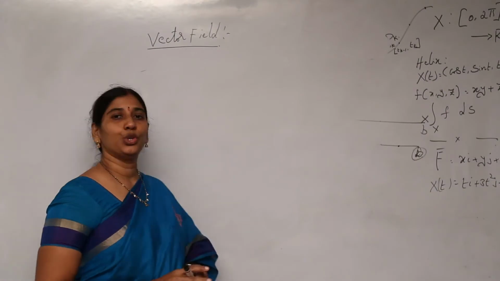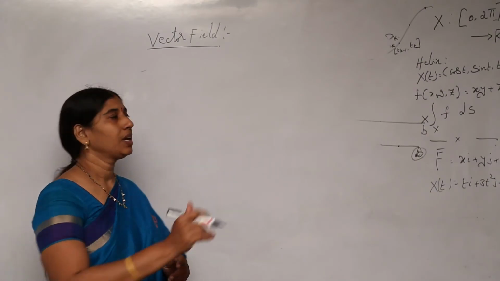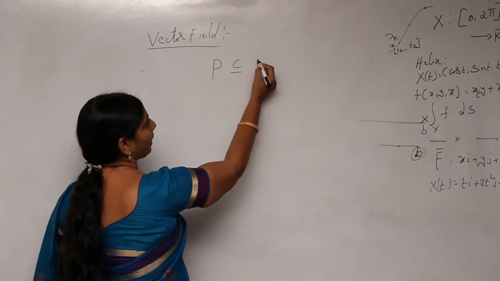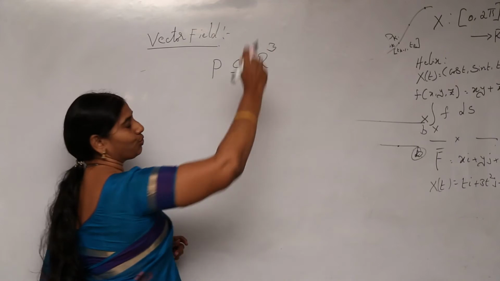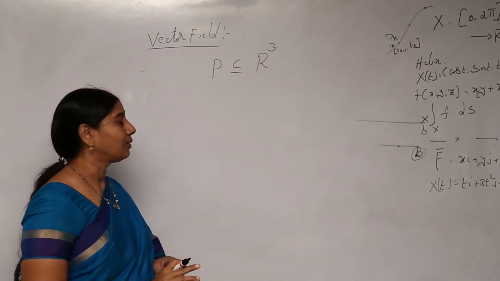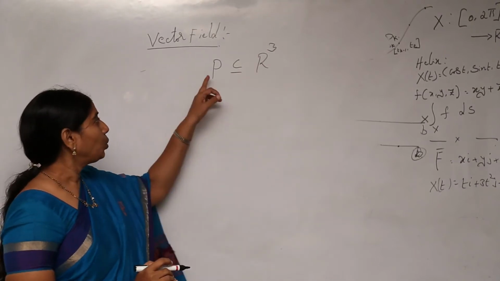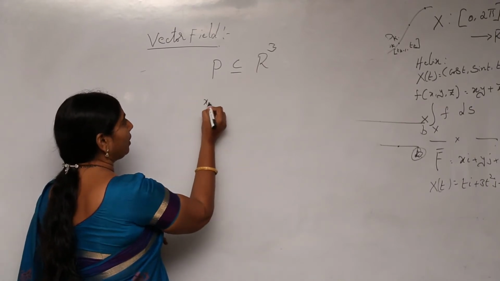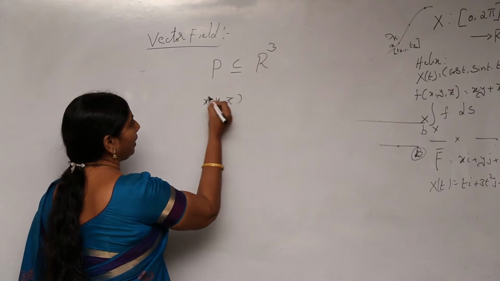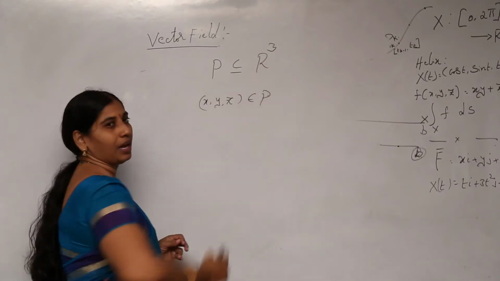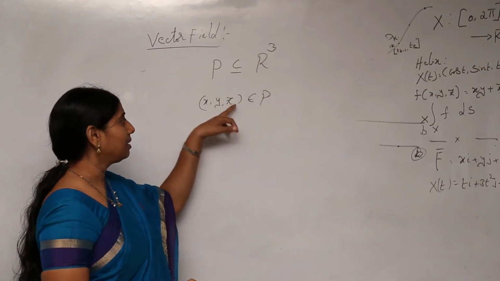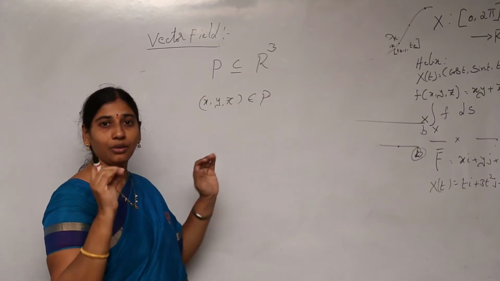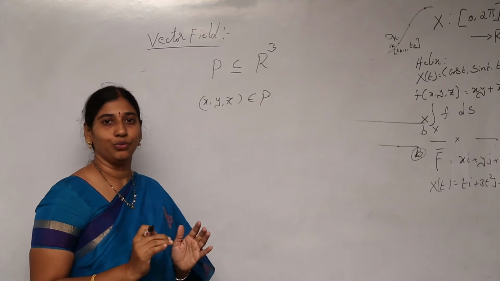Now let's see what we mean by a vector field. Let us suppose, say again, P is a subspace of our three-dimensional space R3. If to each and every point of P, for x, y, z belonging to P, a vector function assigns a specific vector, then we call that field a vector field.